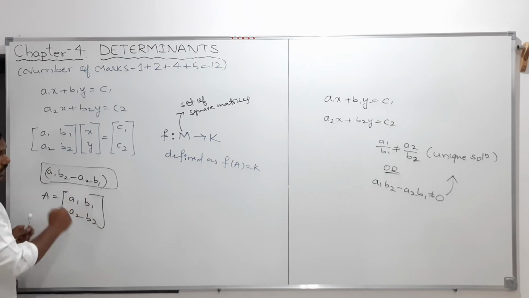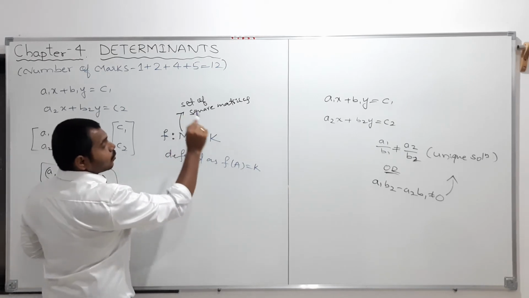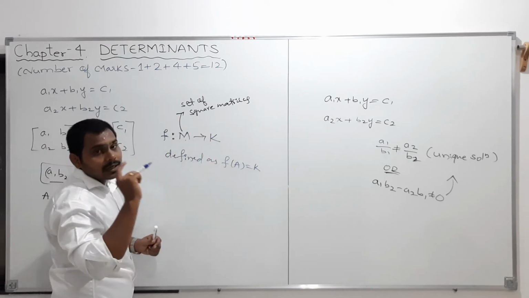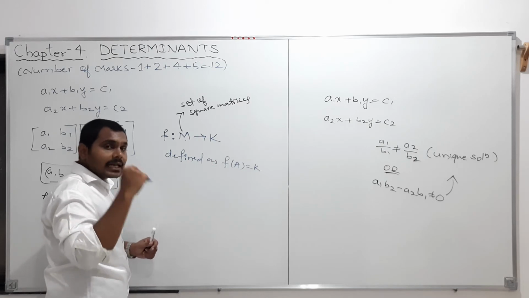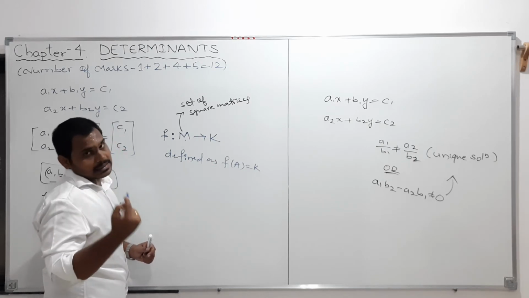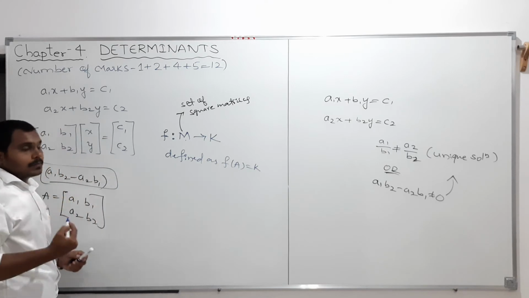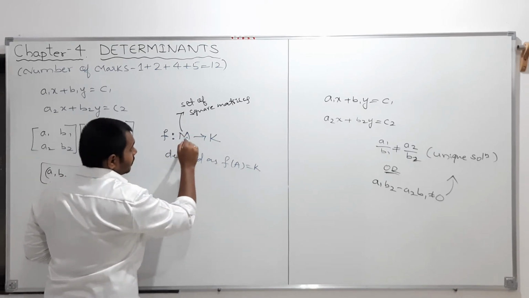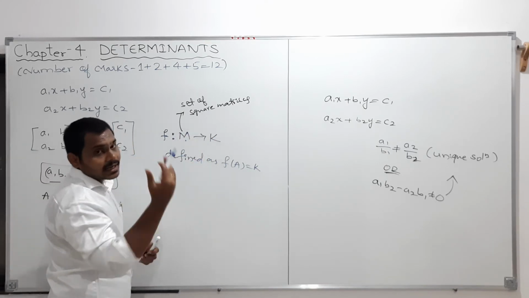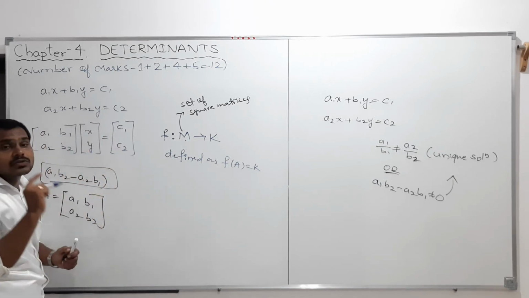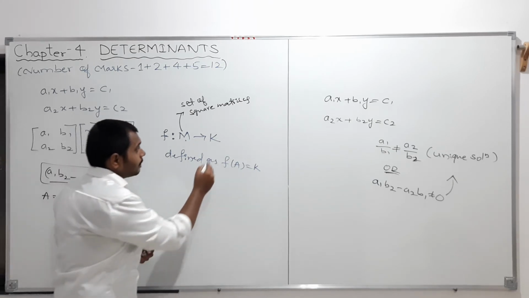So for every square matrix, we are associating one number. That number may be real or it may be complex, depending upon the problem. So for the set of square matrices, we are associating one number, that is k.